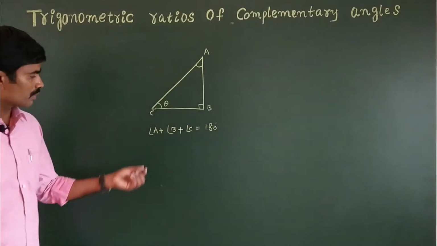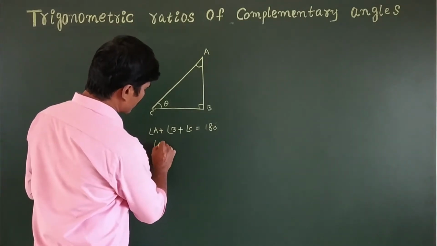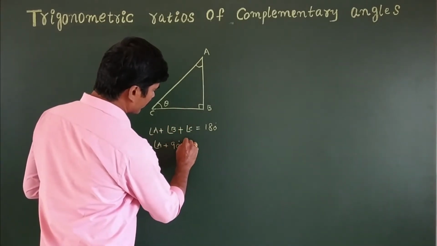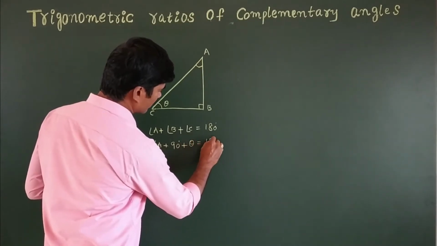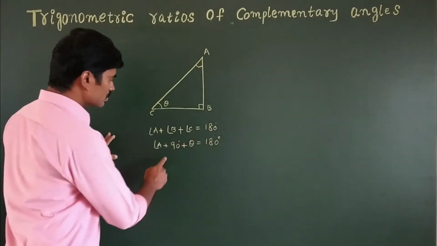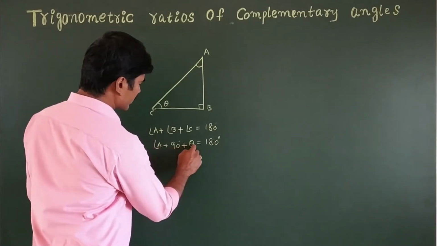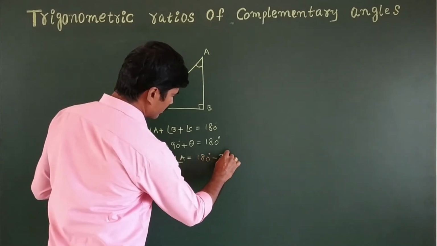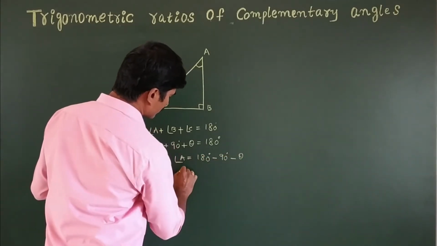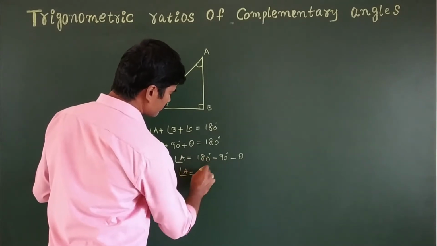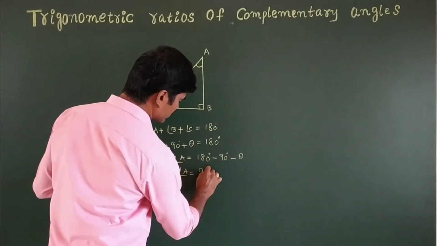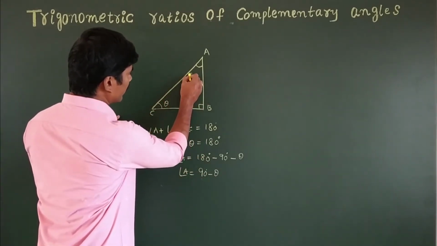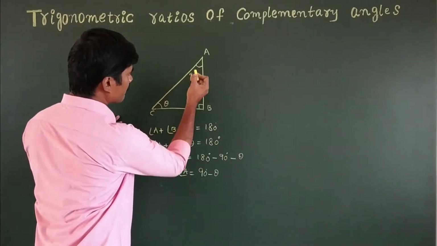Angle B is 90 degrees and angle C is theta, so angle A plus 90 plus theta equals 180 degrees. So angle A is equal to 180 minus 90 minus theta, that is 90 degrees minus theta. So angle A will be 90 degrees minus theta.